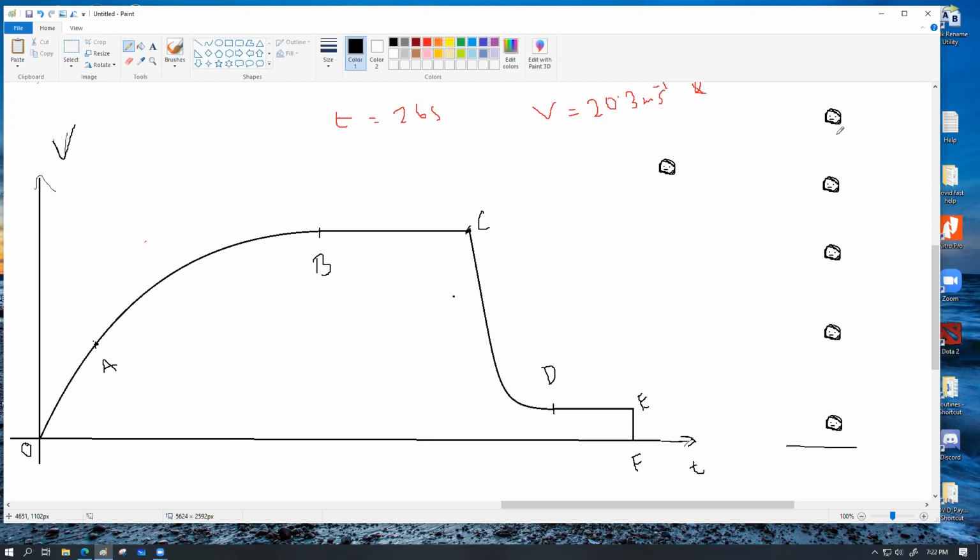But the way this part of the graph is designed in our syllabus, for a small duration of time after the jump, the air resistance would be so small that we can consider it to be negligible. It is not actually negligible. It is not absolutely zero, but it will be too small compared to the other force involved.